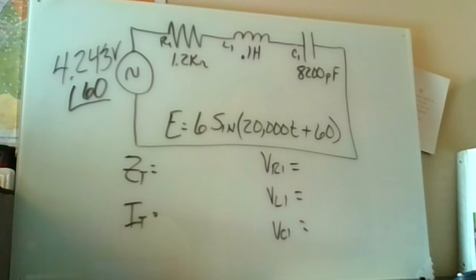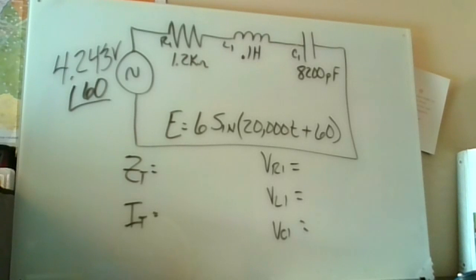What was the next thing I told you to look at? Now that I've got my phasor voltage, the next thing is to make sure everything is in ohms. Is everything in ohms? No, it is not. My inductor is in henries and my capacitor is in farads.